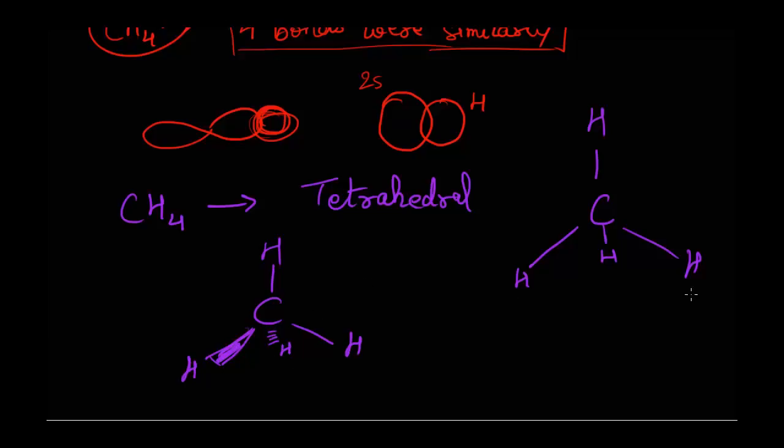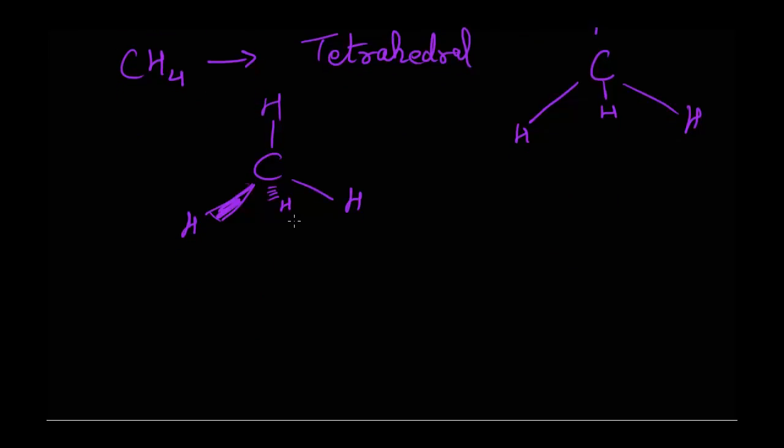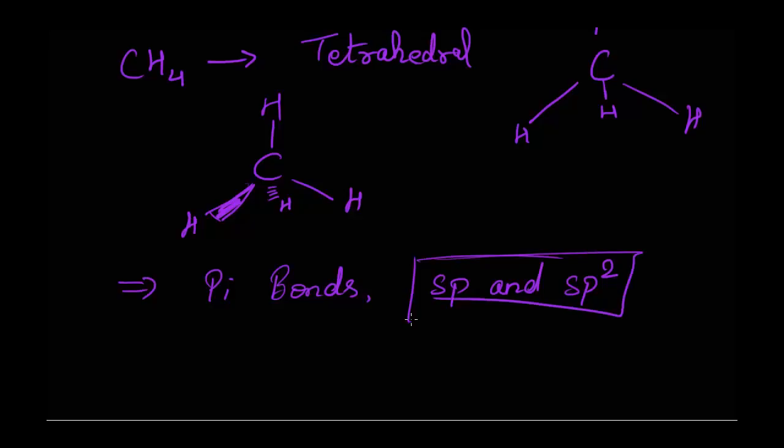So this is the tetrahedral geometry of CH4, the geometry for methane. Now in the next video, we'll look at the pi bonds and the other types of hybridization, which are sp and sp2. There are other types also, but in the next video, we'll look at the sp and sp2 types of hybridization.